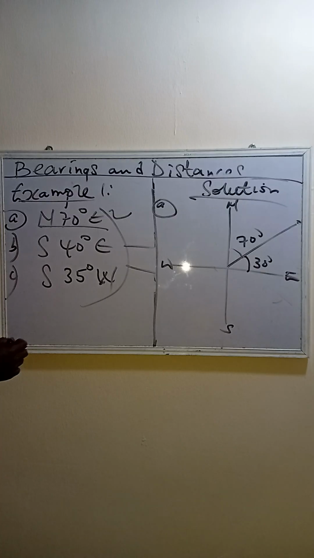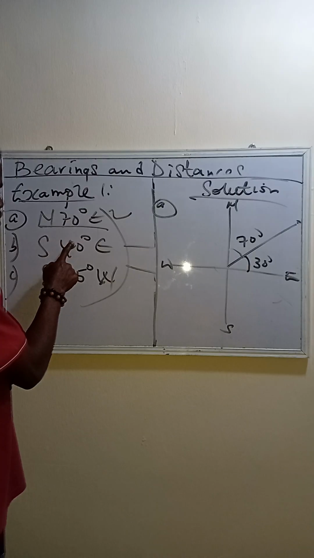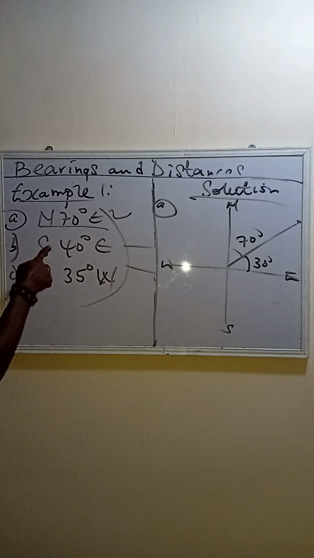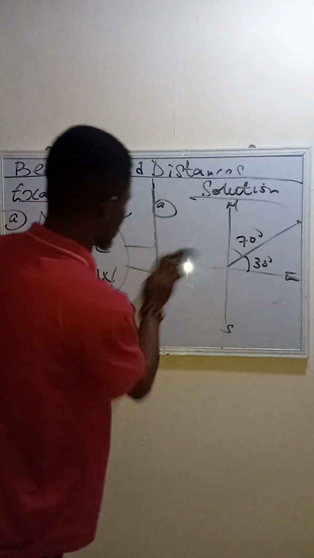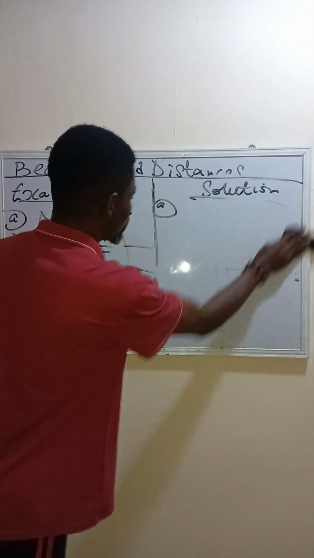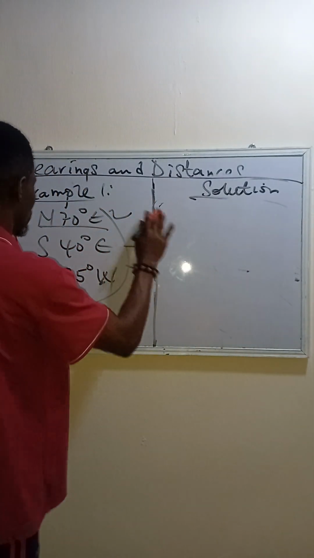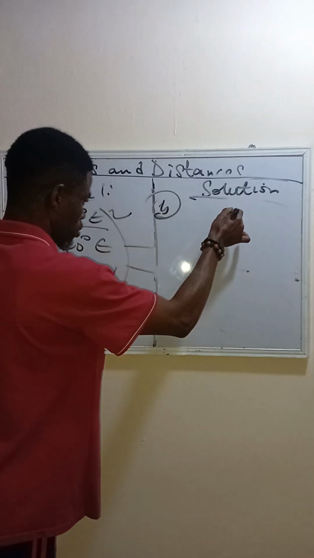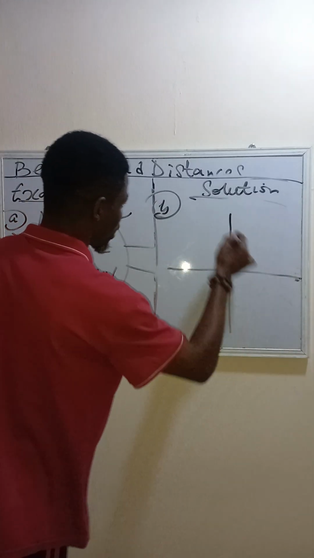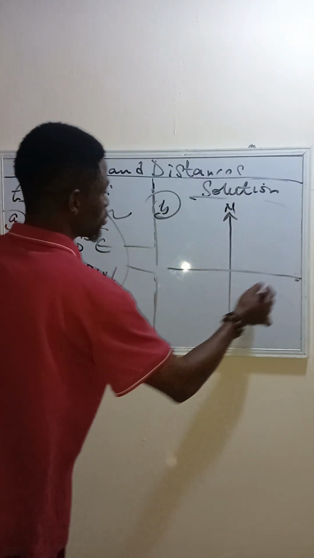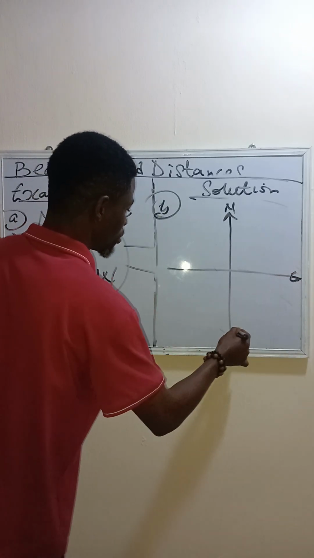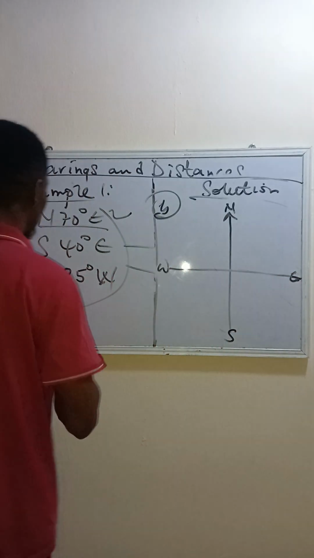Then the second one is south 40 degrees east. How do you draw it? The same process. Just draw the cross, with the north part, the eastern part, the south and the western part.